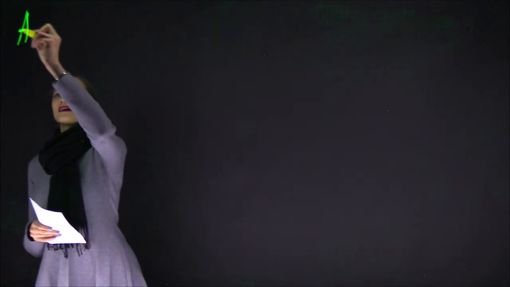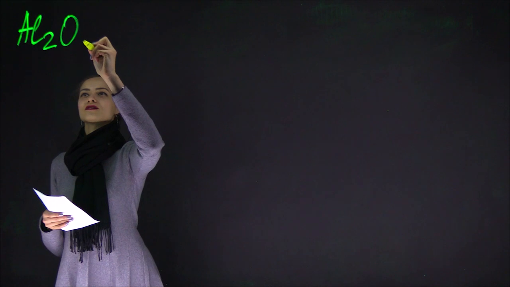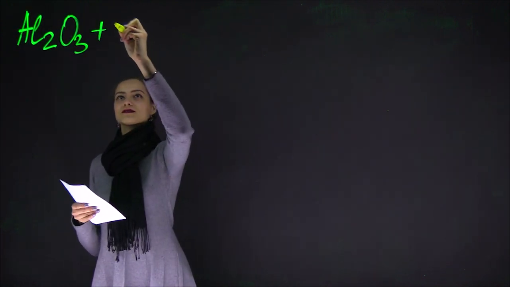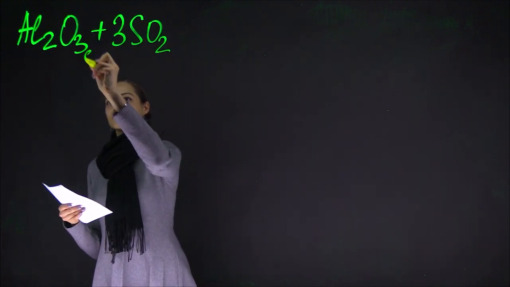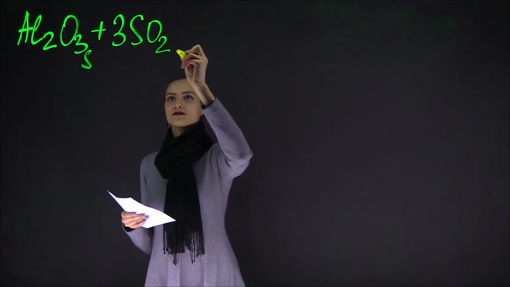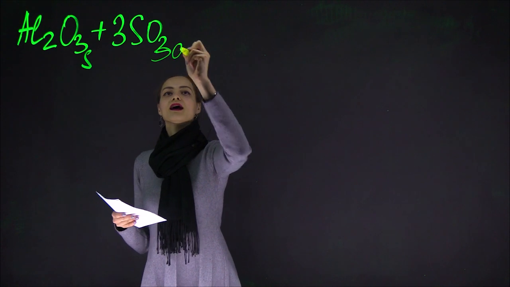In the next task, we need to calculate the heat effect for the following reaction between two oxides. Aluminium oxide, Al2O3, and sulfur oxide, 3SO2. First in solid form, the second substance in gaseous form, SO3.